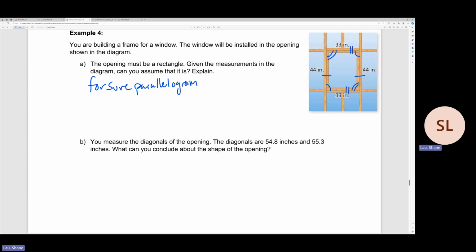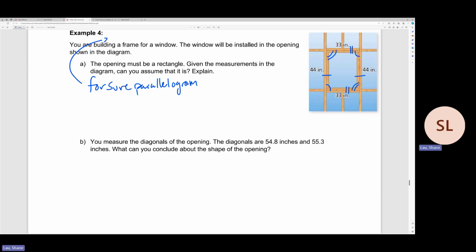And actually, I wouldn't write it right under your question, just so you don't get confused. I'd probably put that up here, just for your own sake. But just for my sake, I'm not going to erase it. Now the question says the opening must be a rectangle. Given the measurements in the diagram, can you assume that it is? Remember, you have to go back to our corollary, I think it was corollary 7.3.